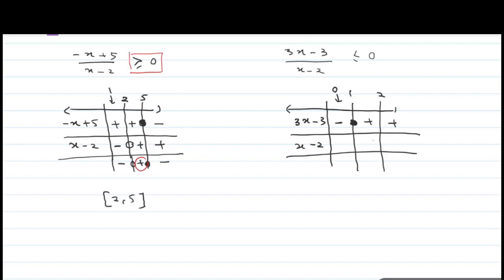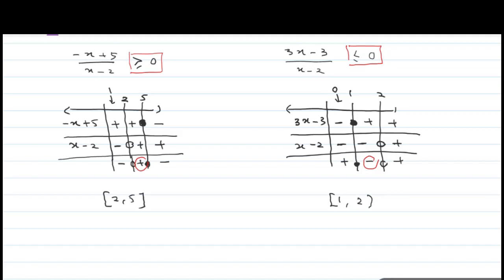X minus 2 will make it 0, but we cannot take the value of 2 because x minus 2 is in the denominator. So use 0 to test the value. 0 minus 2 is negative 2, so negative, and the other side should be positive. Positive, negative, positive. Bring down all the circles. And here for the conclusion, we want to take the negative value, less than 0. So the conclusion for the second inequality is from 1 to 2.